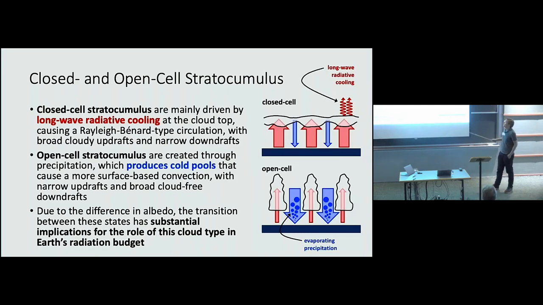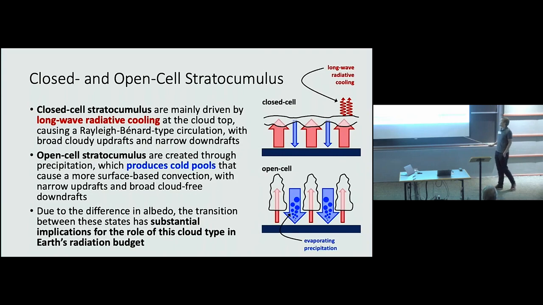First of all, we have these closed cell stratocumulus, and they're mostly driven by longwave radiative cooling from the cloud top, and this creates a somewhat Rayleigh-Bénard type circulation with relatively broad updrafts with a lot of cloud on top of it, and quite narrow downdrafts on the edges of these cells we have also heard a little bit about today.